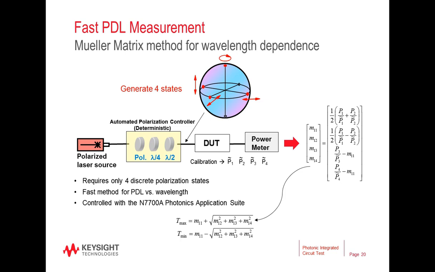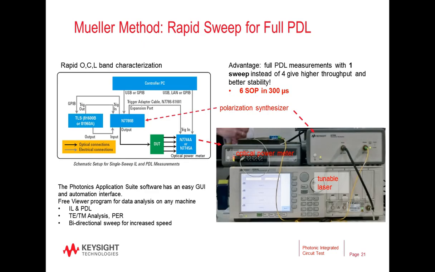And so from that, you get what you're after. This is a fast method because we're only measuring a discrete number of states as opposed to searching the sphere. So over a large wavelength range, you can make measurements in minutes rather than hours for this technique.